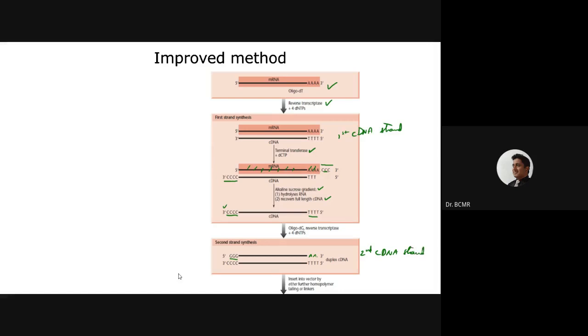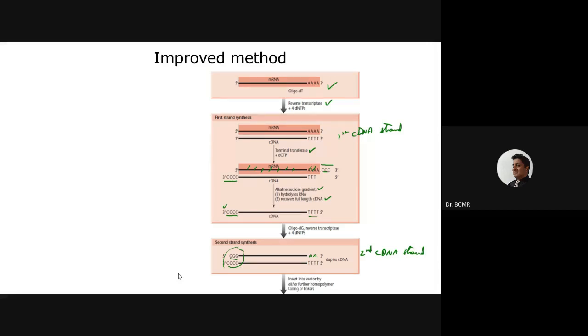And have we lost any information? We did not lose any information from this side, because we did not use S1 nuclease. No degradation was made. This is likely to allow us to clone full lengths without any degradation.